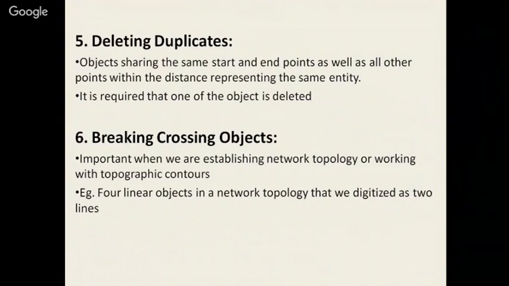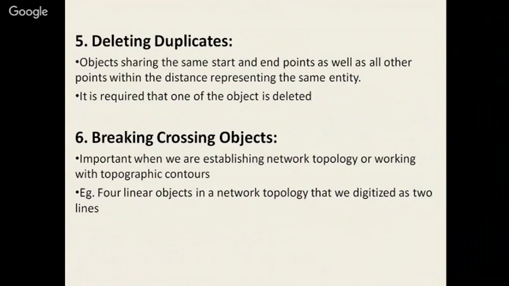And breaking crossing objects, important when we are establishing a network topology. While doing network topologies, when there is, for example, a four-linear object in a network, we tend to digitize it as two lines because the network is so dense.